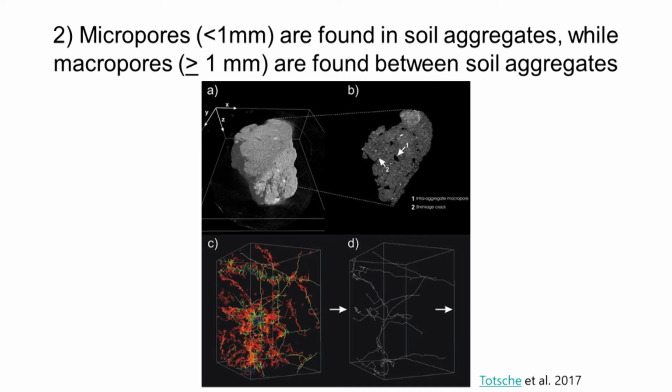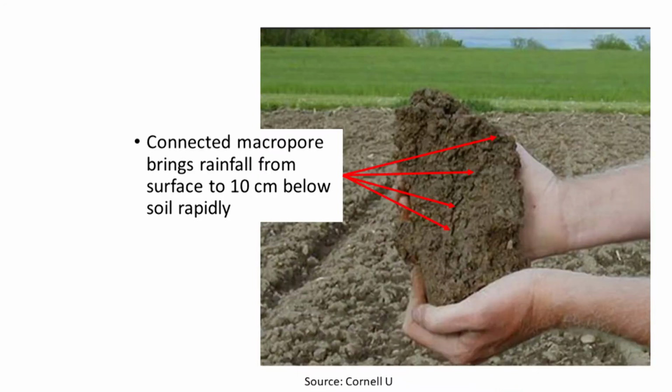Let me just continue on. So we care about the distribution of pore size. We'll talk about the ratio of micro to macro pores and how tillage affects that, and also the continuity of pores. For pores to be effective, they have to be linked from, say, the soil surface down to 10, 15 centimeters below the soil, right?